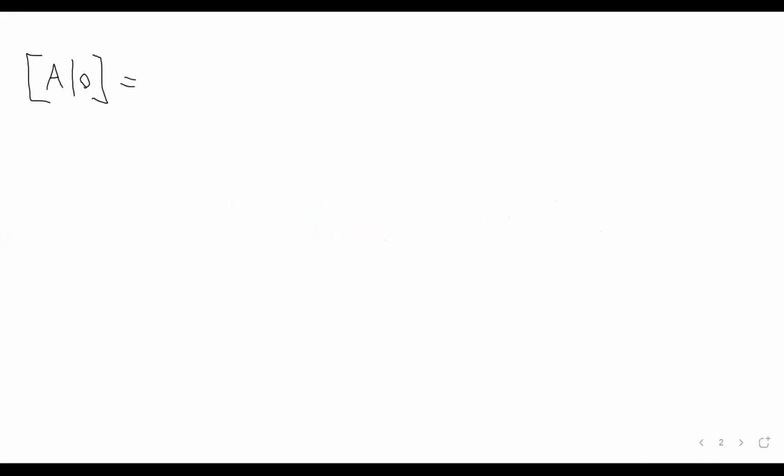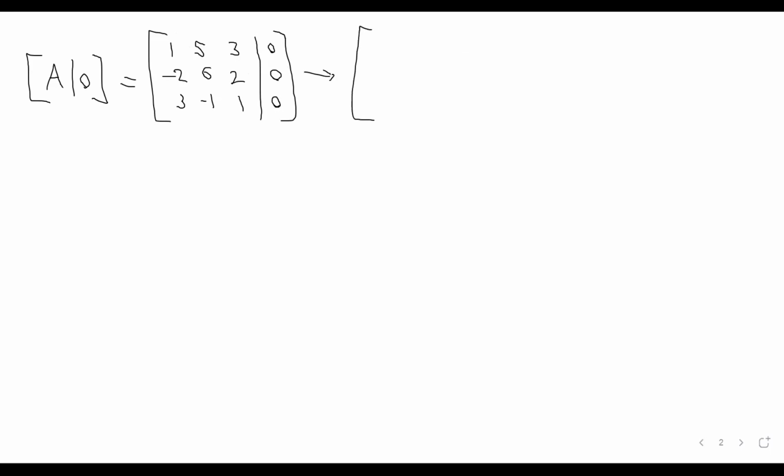So in this problem, the coefficient matrix is 1, 5, 3, -2, 6, 2, 3, -1, 1. And you have the constant 0 on the right-hand side. We want to find solutions to this linear system. These are the coefficients of the k's. So we want to get this to reduced row echelon form using Gauss-Jordan elimination.